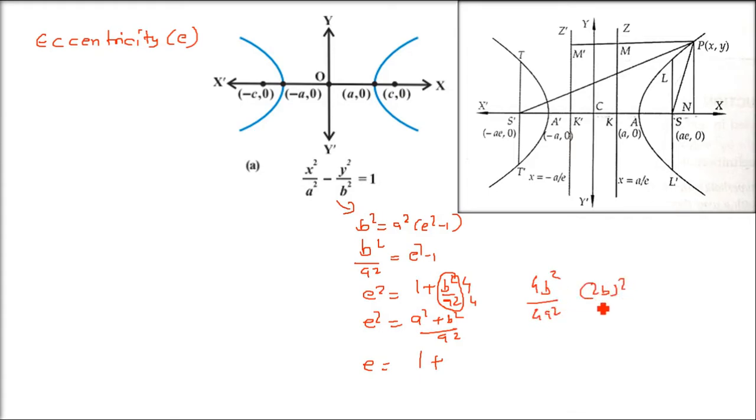Now you can write it as 2b whole square over 2a whole square. This 2b, as I just suggested, is the conjugate axis and 2a is the transverse axis. So e equals under root of 1 plus conjugate axis whole square divided by transverse axis whole square.